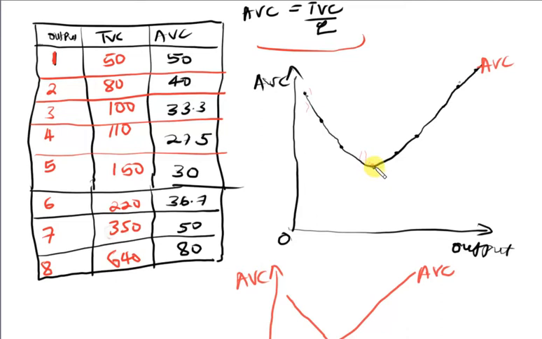So here the worker will keep on adding the same output to the existing output, so it will not change, and this should be the minimum for the average variable cost. Then when you continue producing more output, you go into the diminishing returns, which cause the costs to rise again.